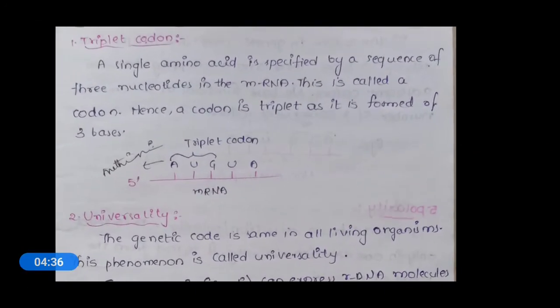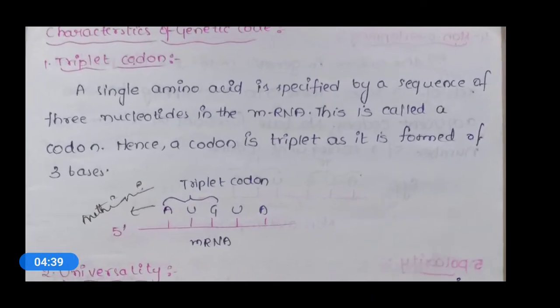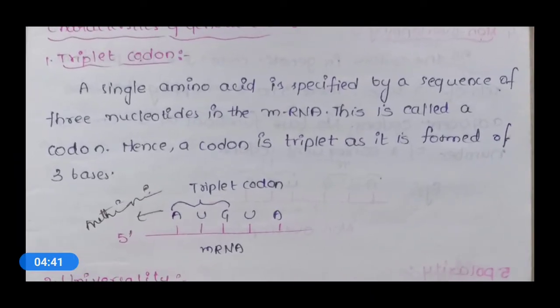Coming to characteristics, the presence of the triplet codon is the major character of the genetic code. Triplet codon means 3 nitrogen bases combined together give expression for an amino acid. For example, AUG is the triplet codon which codes for the amino acid methionine, and this is the initiation codon. If you observe any mRNA, the first codon is AUG.